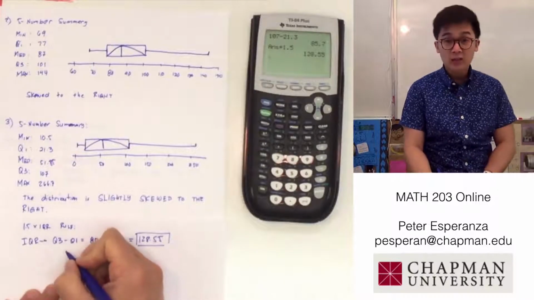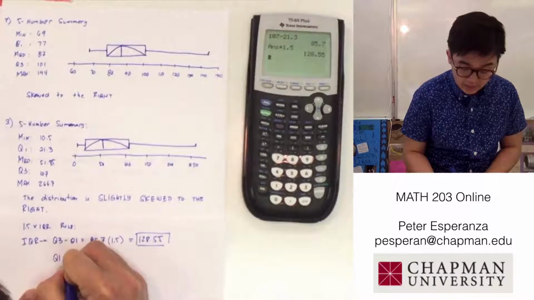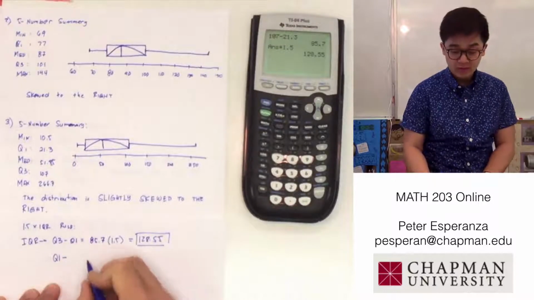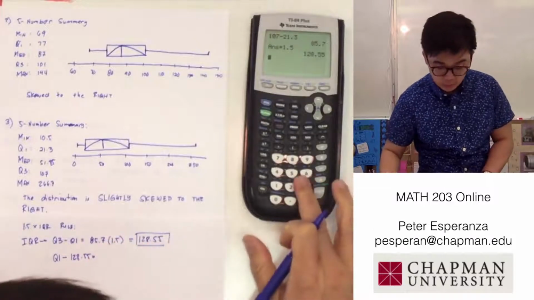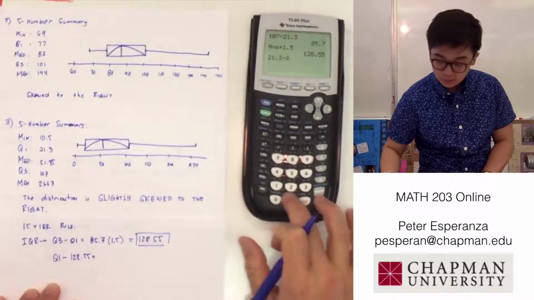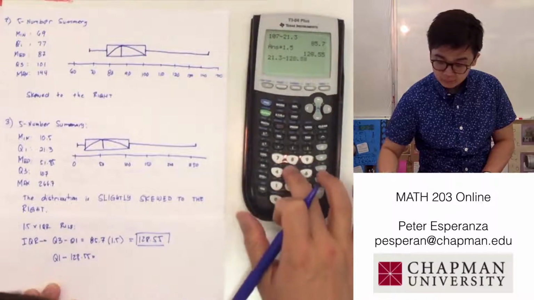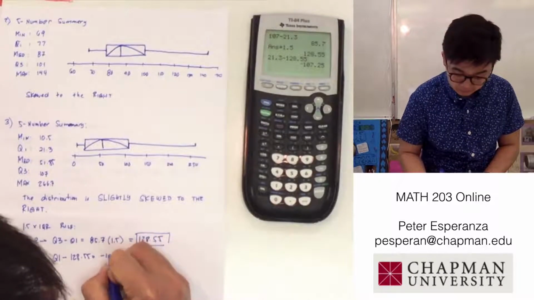So to find the outliers to the left of the curve, we will use Q1 and subtract our 1.5 IQR, which is 128.55. So Q1, 21.3, minus 128.55, is negative 107.25.